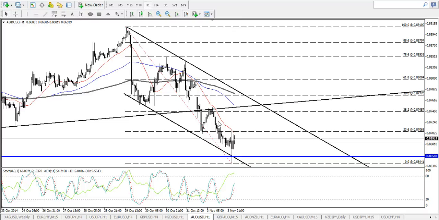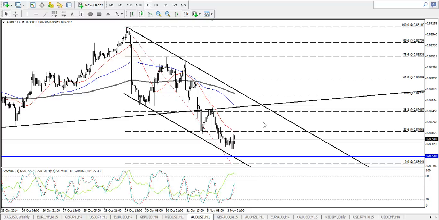So later on there will be the Reserve Bank of Australia's statement and the cash rate. So for the cash rate itself, most likely it will remain the same, but take note that there might be a surprise that they might just cut the cash rate at this point of time if they want to take this opportunity to weaken their currency further, right?